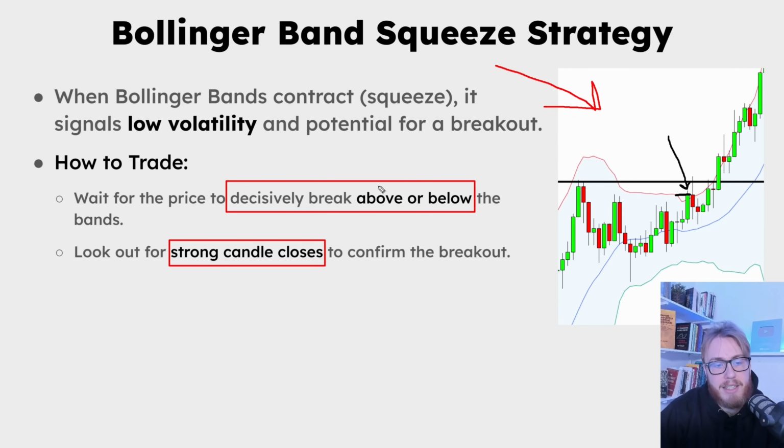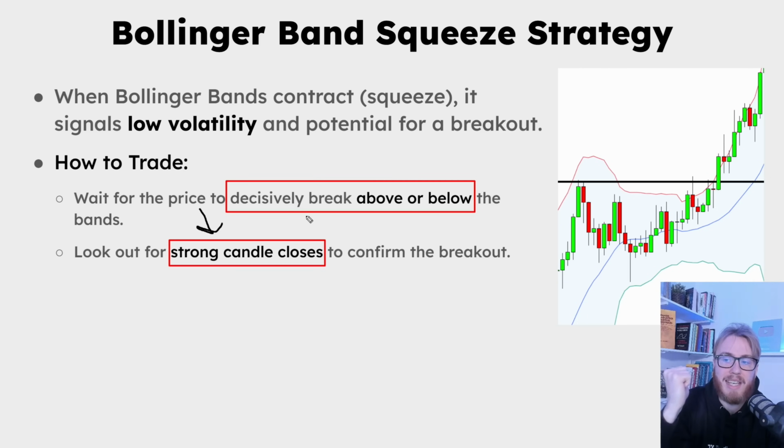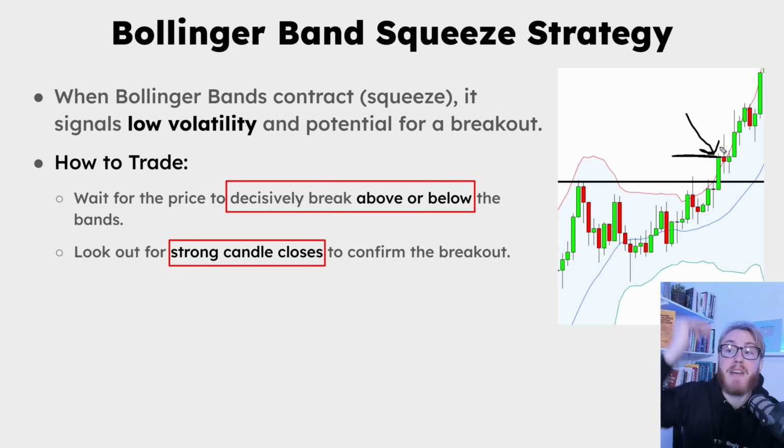Well, here is where the strong candle close comes in. I'm not only looking out for a candle closing above the band, I want the candle to close above the band with some additional distance. So it's actually not until this candle right here where we see a strong candle close. You can see this candle closes very high above the band. So this right here is a breakout.